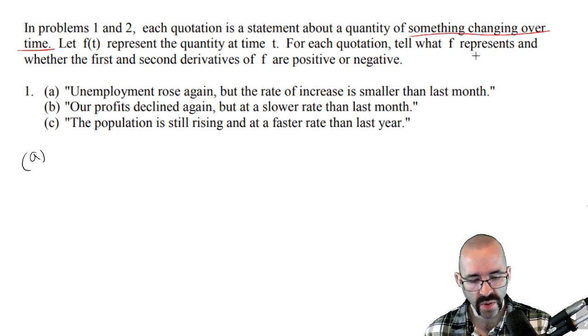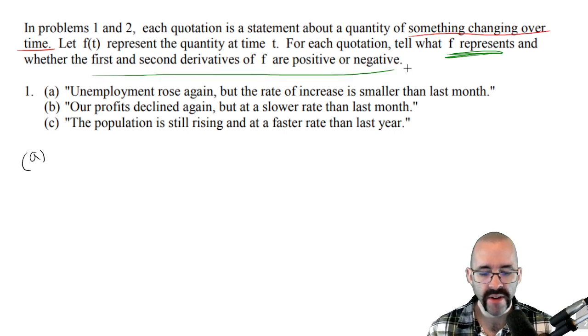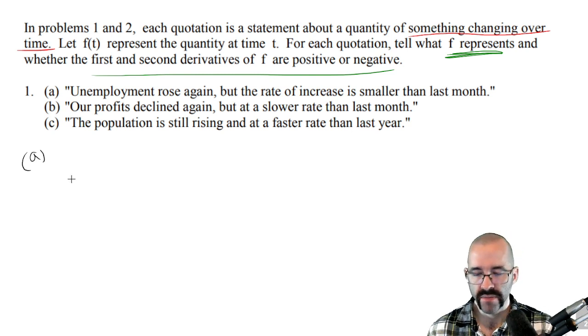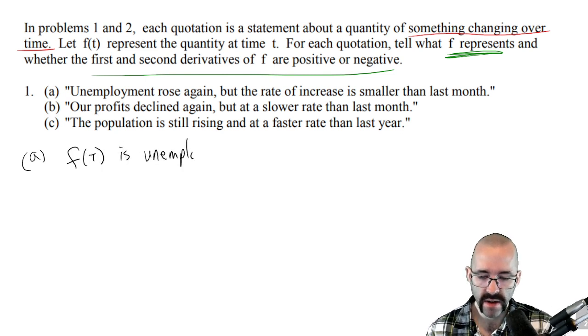So we need to say, what does f represent? And are the first and second derivatives positive or negative? What should f represent here? Unemployment. f of t is unemployment at time t.